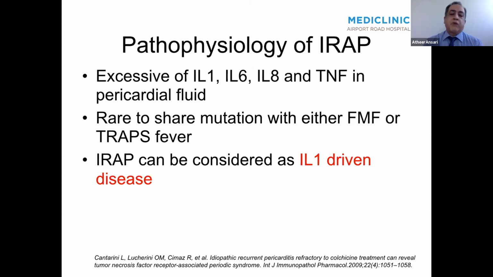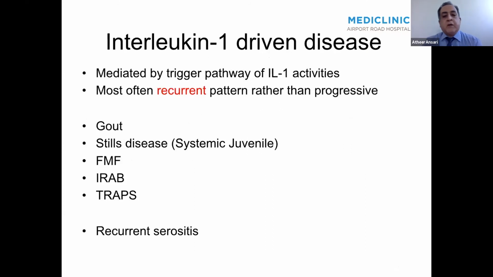It's important to raise this concept, IL-1 driven disease, and what it means. The trigger pathway is IL-1, it's not IL-6, not TNF, not IL-4/5. The feature of this IL-1 driven disease is the recurrence. Even in gout, crystals are there in the joint all the time. But why are the attacks coming on and off? It is triggered by environmental factors.